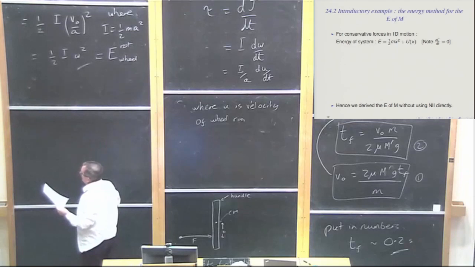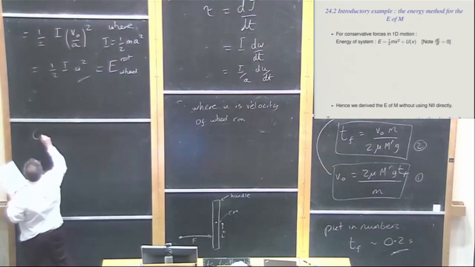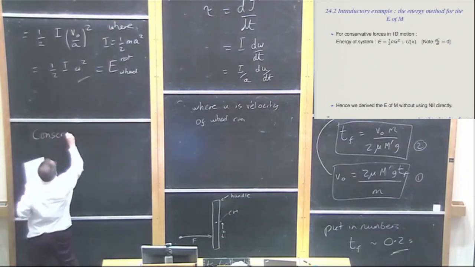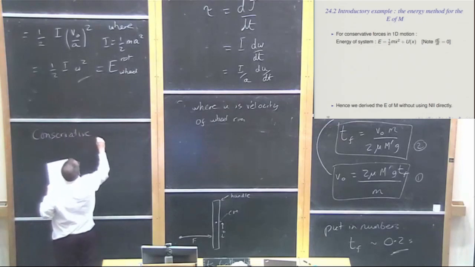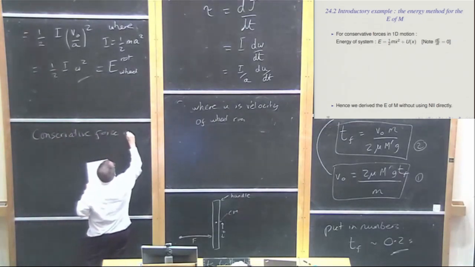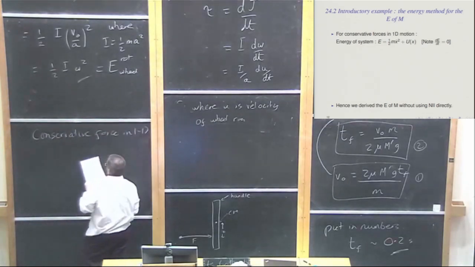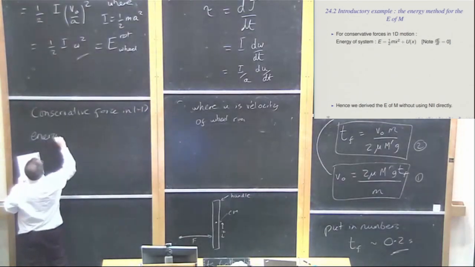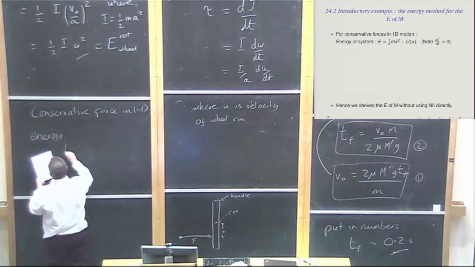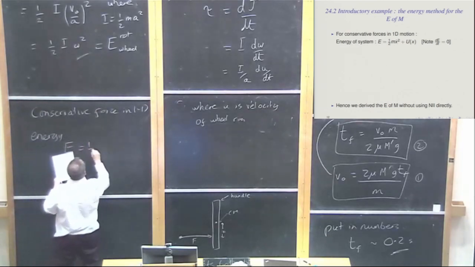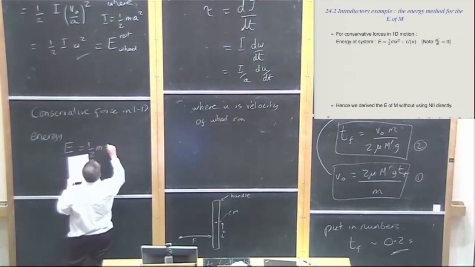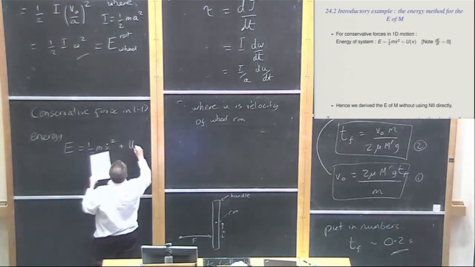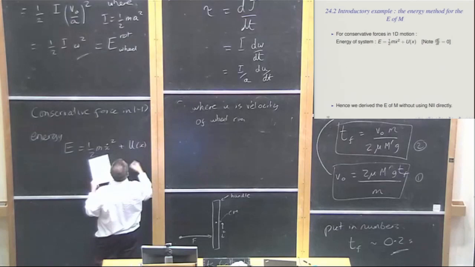So let's consider first a conservative force in one dimension. So the energy is given by E equals a half m x dot squared plus U of x, okay?